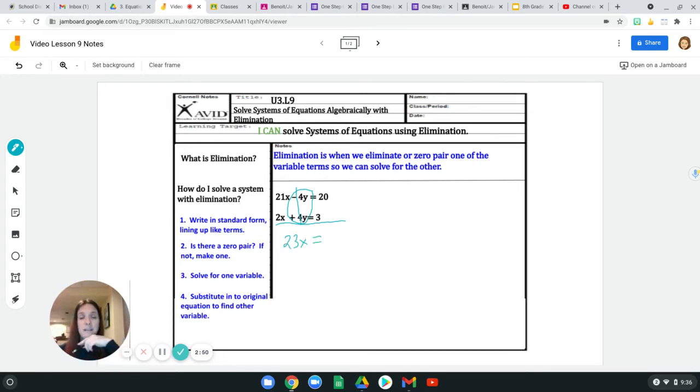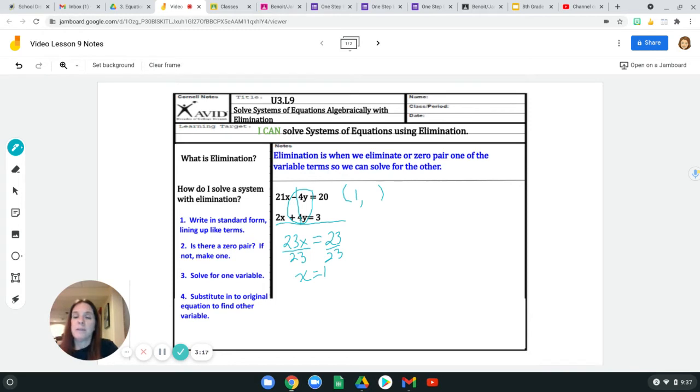And on the right of our equal sign, a positive 20 and a positive 3 give us a positive 23. One-step equation. To solve for 1x, you divide by that coefficient of 23 on both sides. So x is 1. Remember, this is an ordered pair. So put that as your x coordinate.